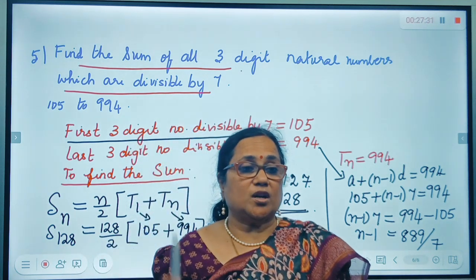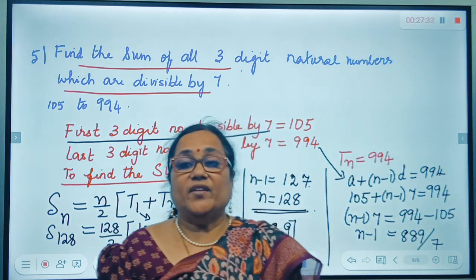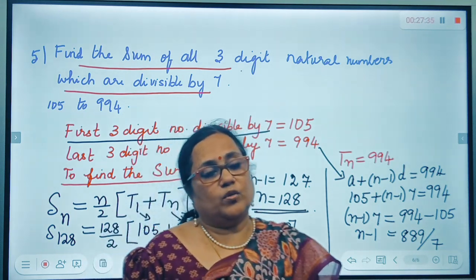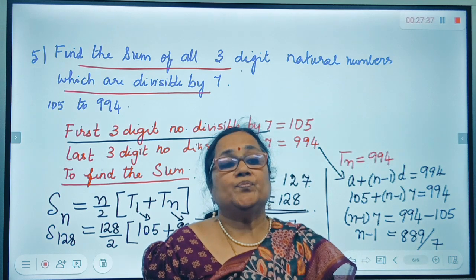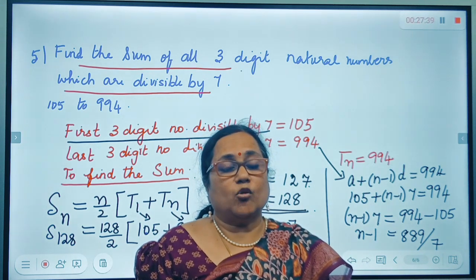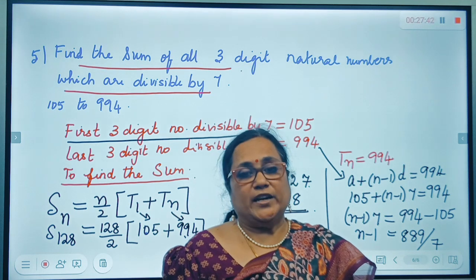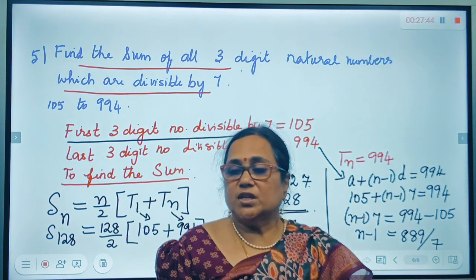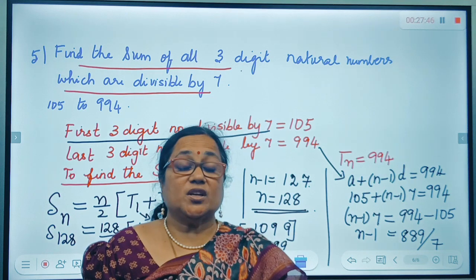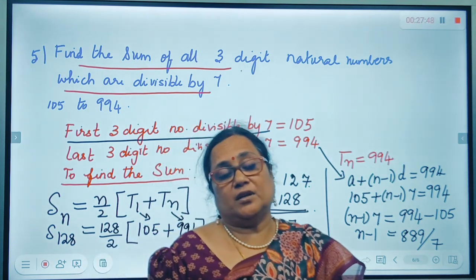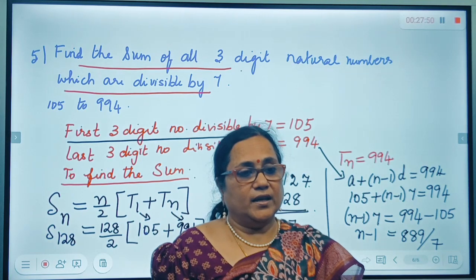I'm just revising the concepts that we have used. Very often they get reduced to quadratic equations. So you must also be good at solving a quadratic equation, either by splitting the middle term or by using the quadratic formula, which in detail we will see in the next chapter, which is going to be quadratic equations.